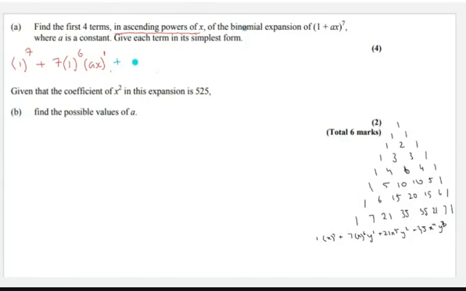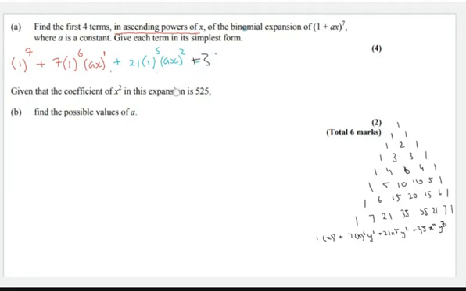Then you've got 21, 1 to the power of 5, ax to the power of 2, and then your next term. And that'd be 35, 1 to the power of 4. I'll just write that out. Oh, do you want to write it?